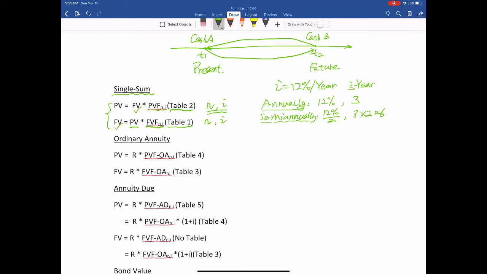If it is compounded monthly, the interest per period, or interest per month, will be 1%, and the number of periods is 3 years multiplied by 12, so it's 36 periods.